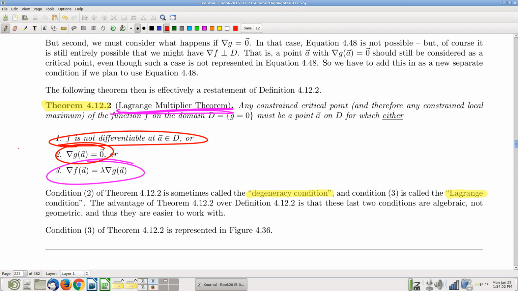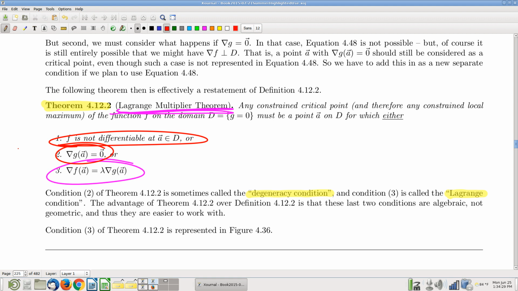It seems weird, but there's kind of two reasons why you need to worry about this. One is, if the gradient of g were 0, that would make the right side of this equation 0. But the only reason I wrote this equation down in the first place is all I really needed was for gradient of f to be perpendicular to the surface.